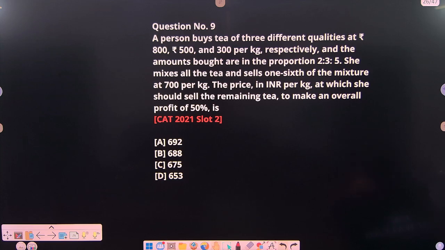Got the answer or not? Guys, got the answer or not?